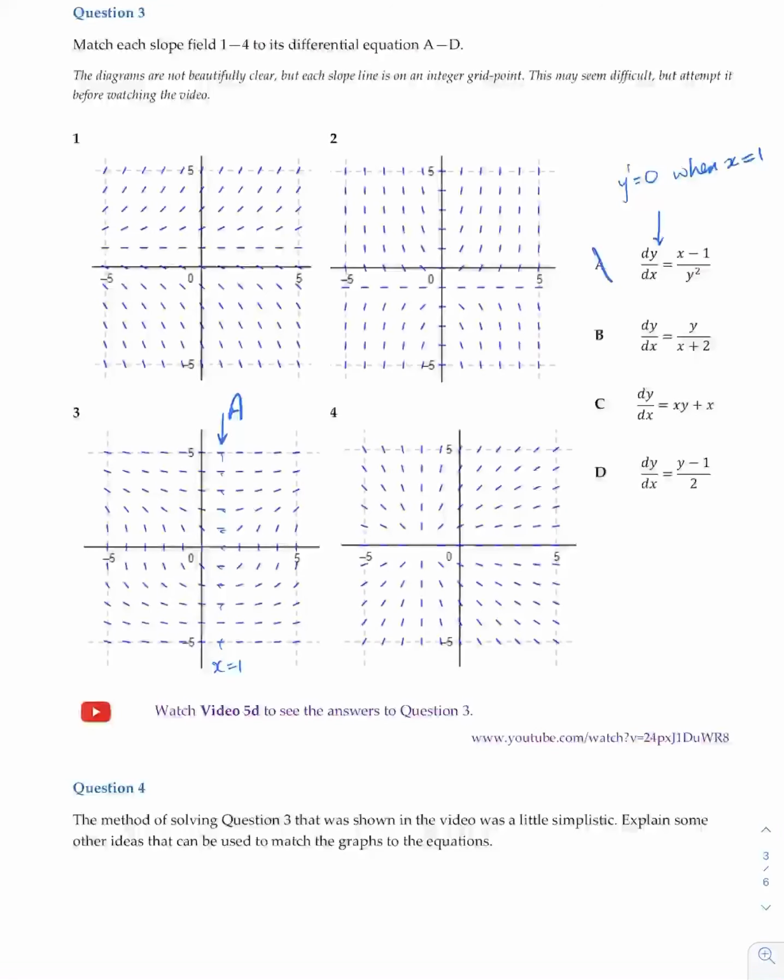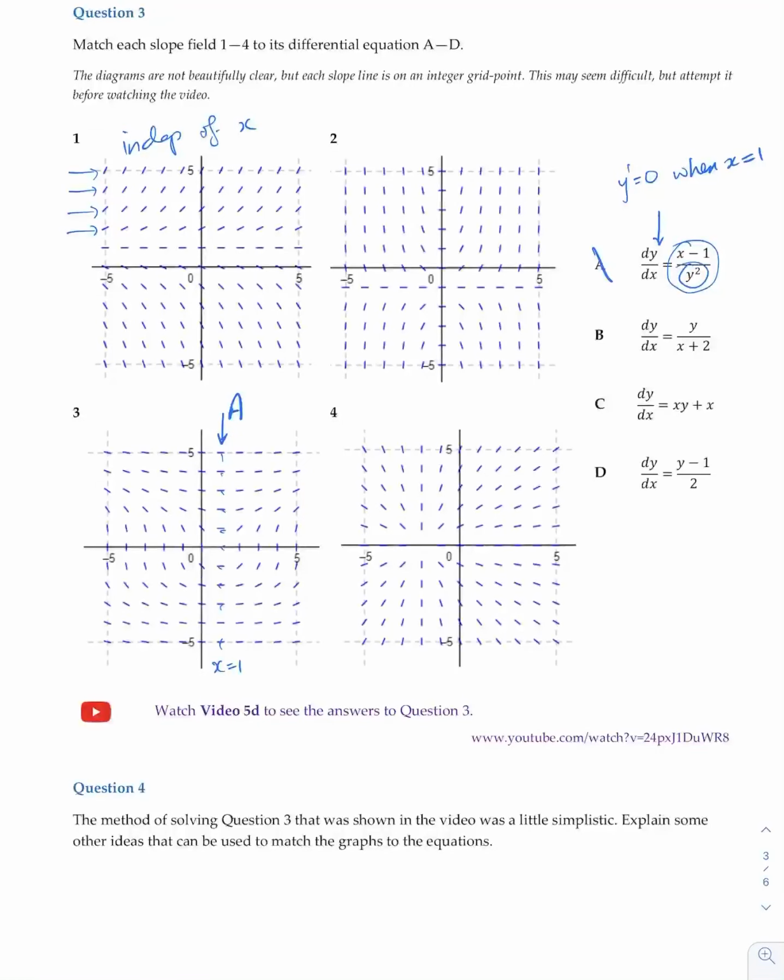I'd also like to point out that this is not necessary, but the denominator being squared means the denominator is always positive. So the sign of this depends on the sign of x minus 1. So we have positive here and negative here. Next, I observe that in question 1, the slopes are independent of x.